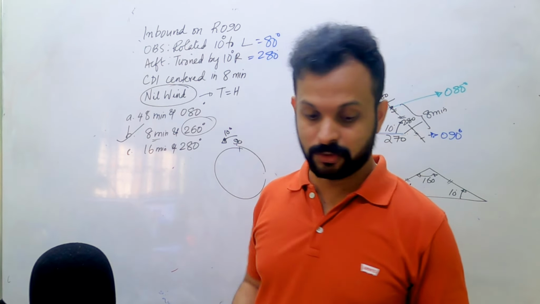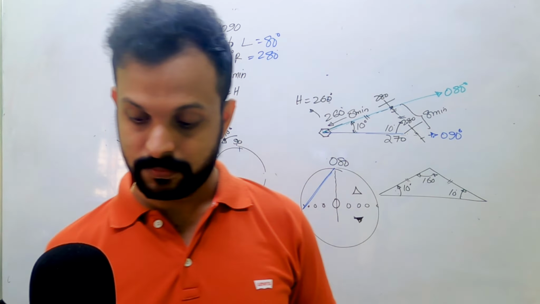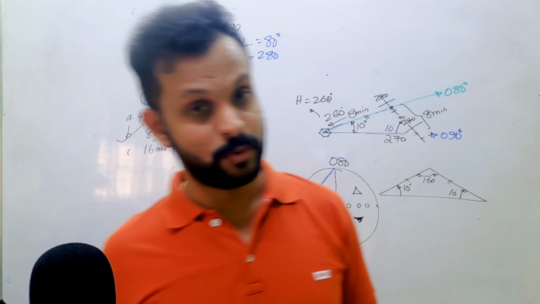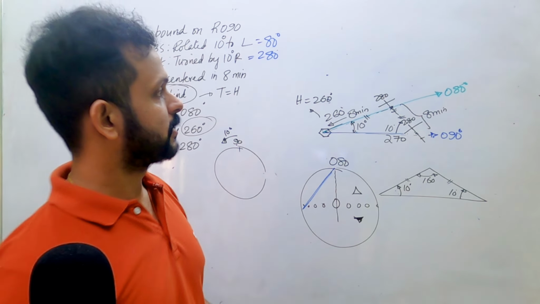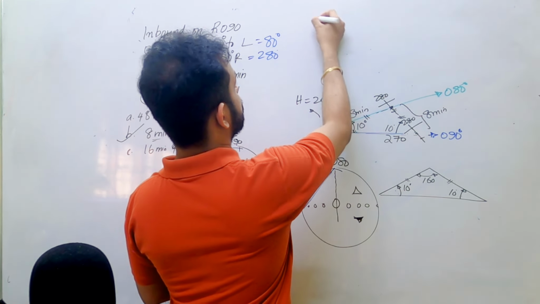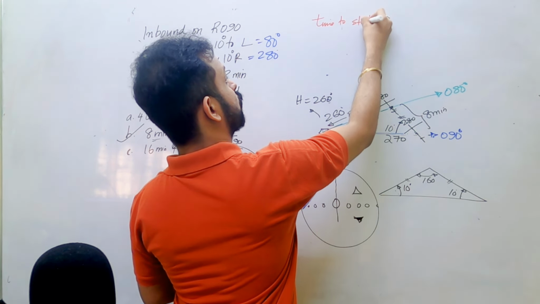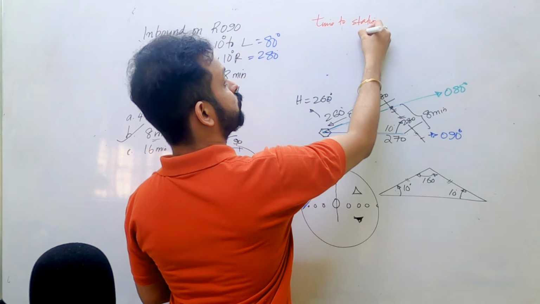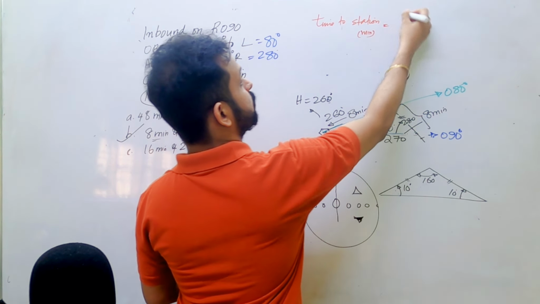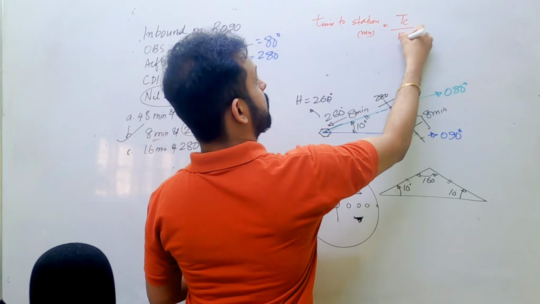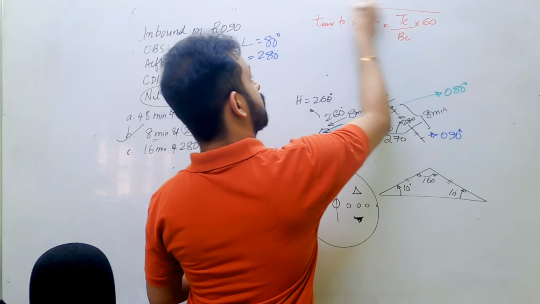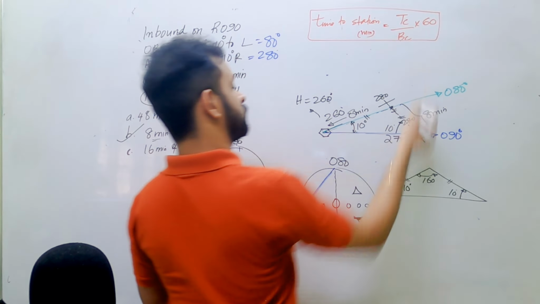Now I had a student who came back to me, and he was the only one who came back to me, that's why I remember, saying that we had learned a formula. I'm not sure whether you thought about this formula now. Time to station in minutes is equal to time change divided by bearing change, into 60.